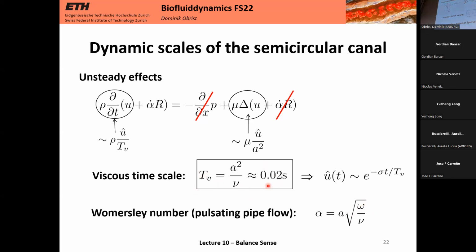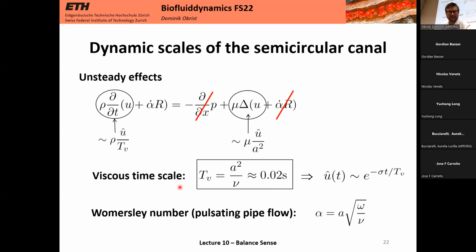This is actually a place where the Womersley number inside the semicircular canal is 1, okay? And anything that goes faster than this time scale, the Womersley number inside the semicircular canal is beyond 1. And we start getting all these funny effects of a Womersley profile. And this is exactly where the semicircular canal stops working.